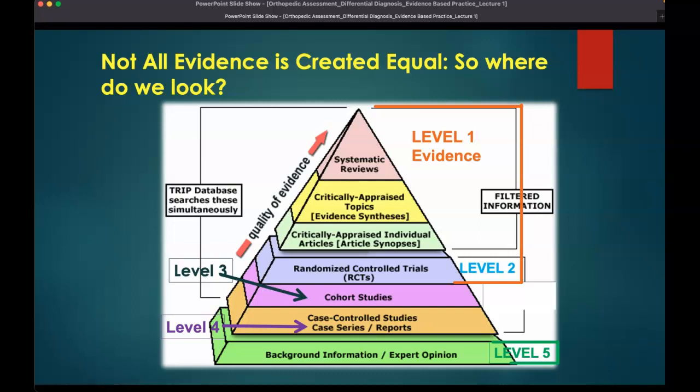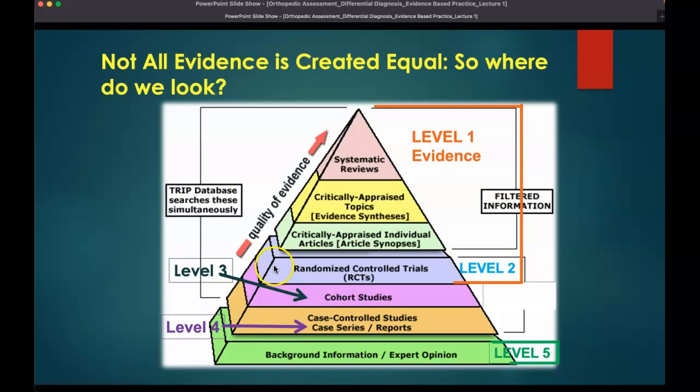So we should know this level of research hierarchy by now, but when we are using research to drive our clinical decisions, we really want to be living in this arena, right? Anything below the lilac or purple would be more subjective and shouldn't be used to drive our clinical decisions.